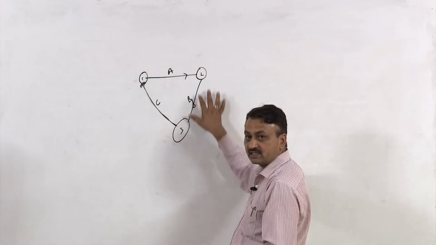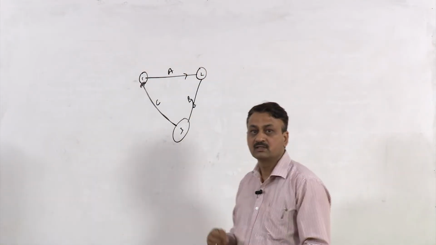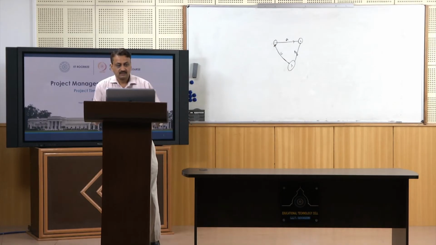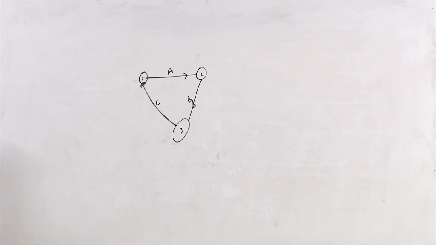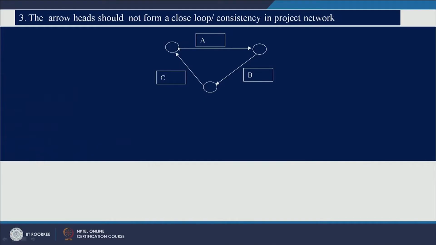So to avoid a situation like this, you need to introduce dummy activities. So this is closed loop or consistency in project network. There should not be any closed loop and there should be consistency in the project. So you got activity A, B and C.